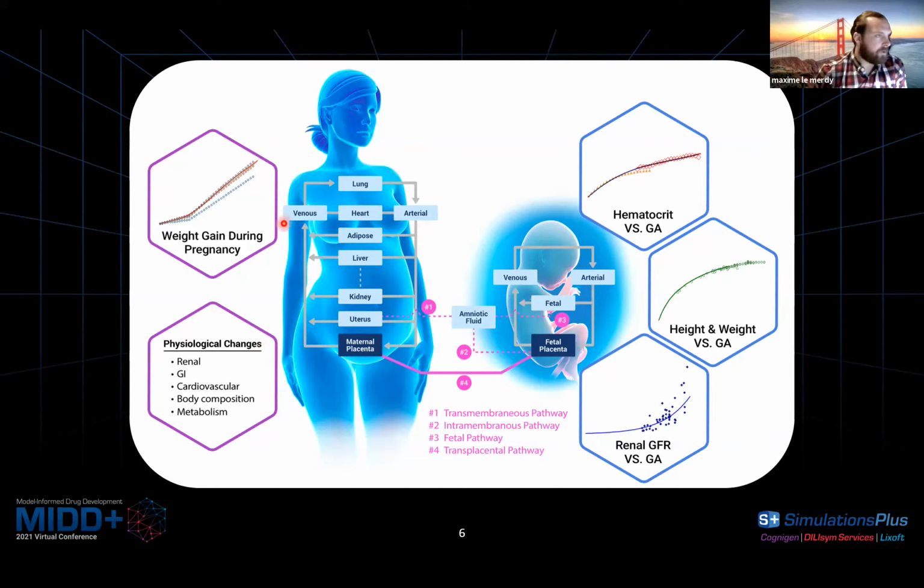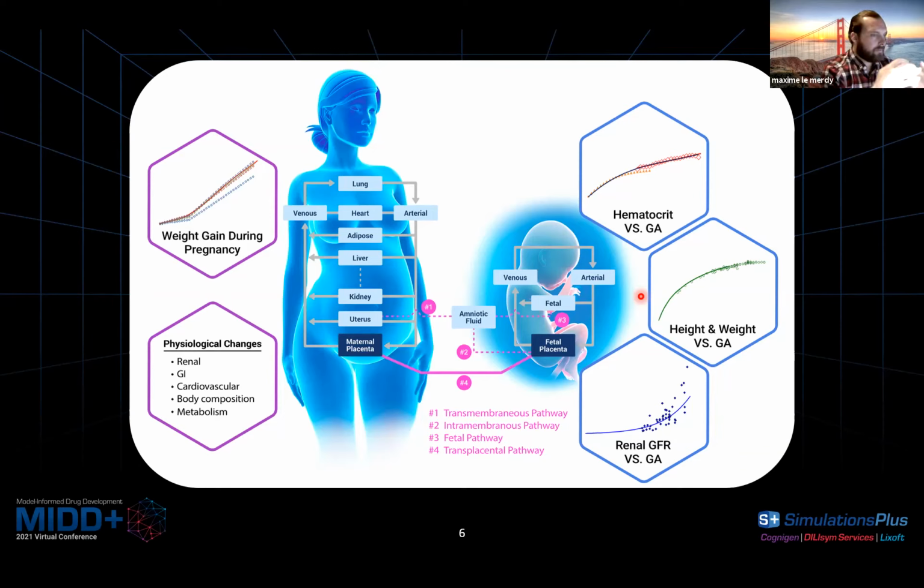So that PBPK model is basically the default PBPK model we had for women in GastroPlus, in which we included 2 new tissues, the uterus and the maternal placenta. So that's for the maternal side. From the fetal side, we created a new PBPK model that has 4 compartments: the venous and arterial compartments, one single tissue named fetal, and then the fetal placenta.